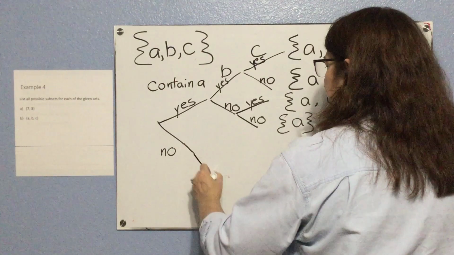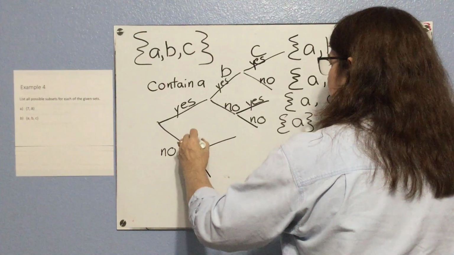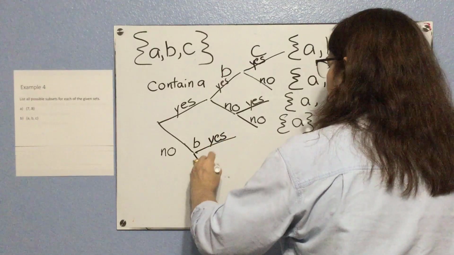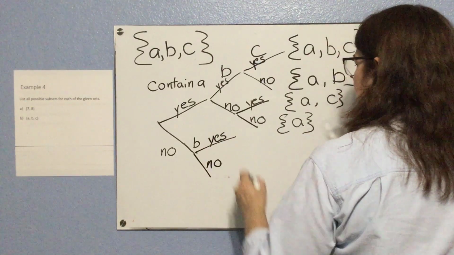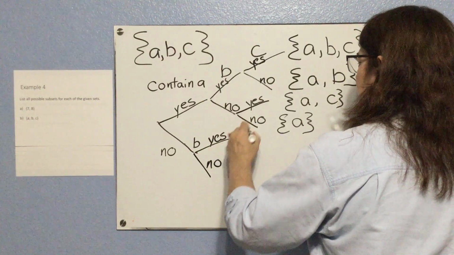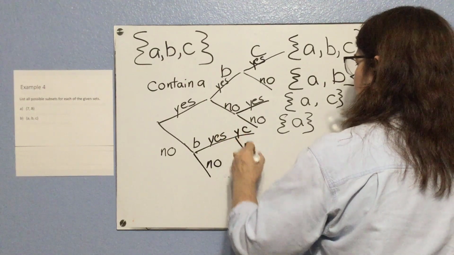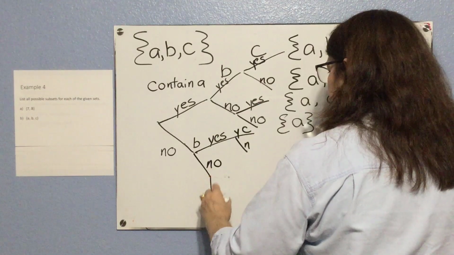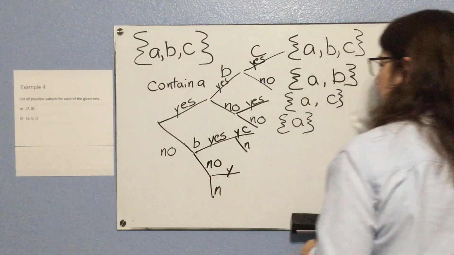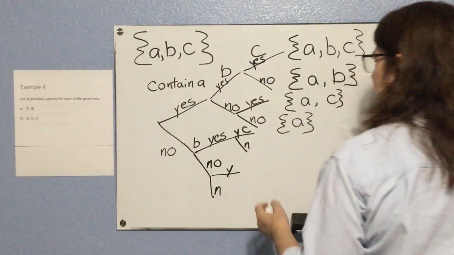Here this is my B question, yes or no. And then each of these would have to have a C question, yes and no, yes and no. So you see this gets a little cumbersome.